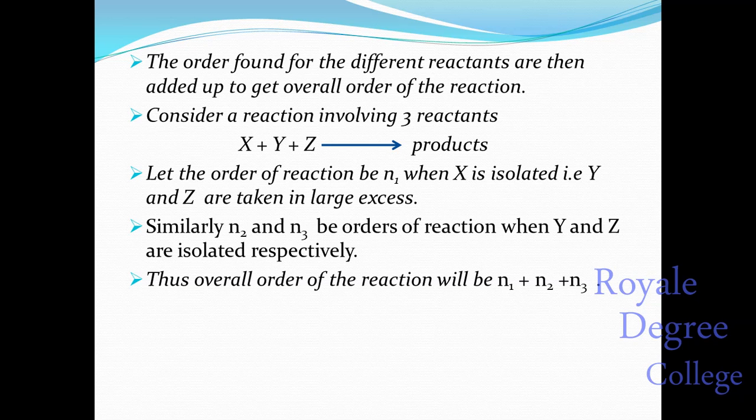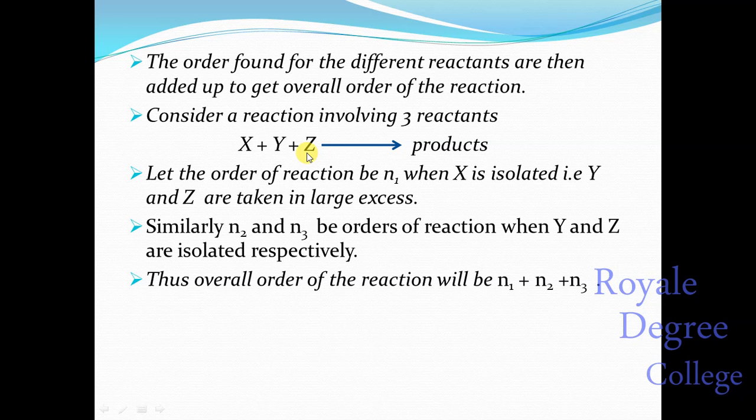We are adding the values. So, consider a reaction involving three reactants: X, Y, and a third one, Z. These three reactants react, and as a result we get the products. Let the order of the reaction be N1 when X is isolated, that is, Y and Z are taken in excess.